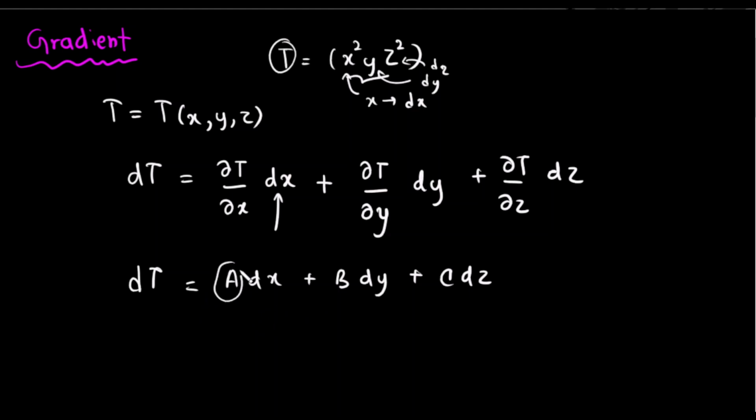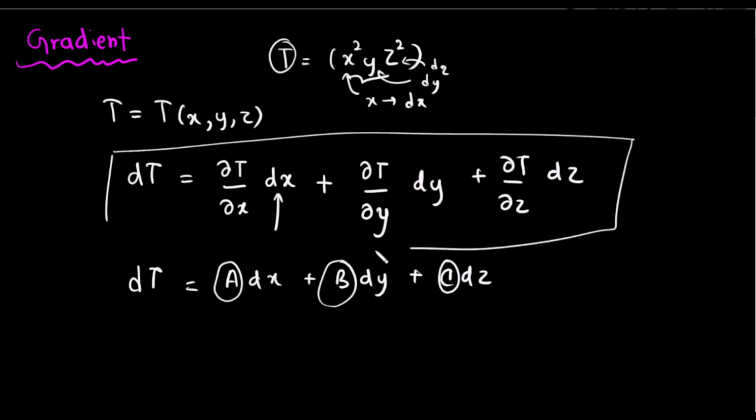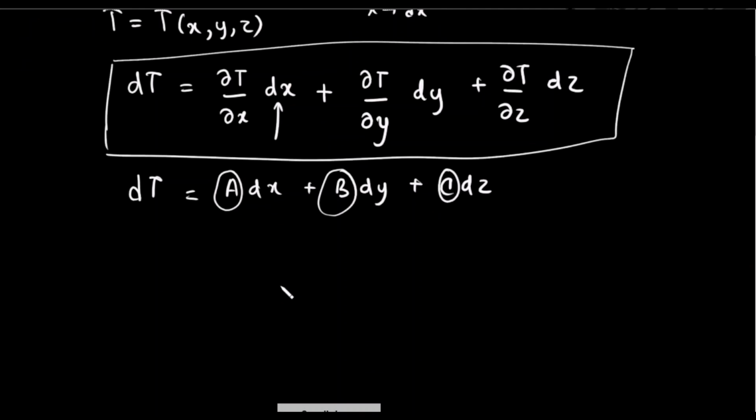These are actually unknown constants, like a, b, c. We have to find a, b, c to get this kind of equation. If you don't know how to derive this equation, that is why I'm showing you. To find the constant a, I'm going to keep y and z as constants.